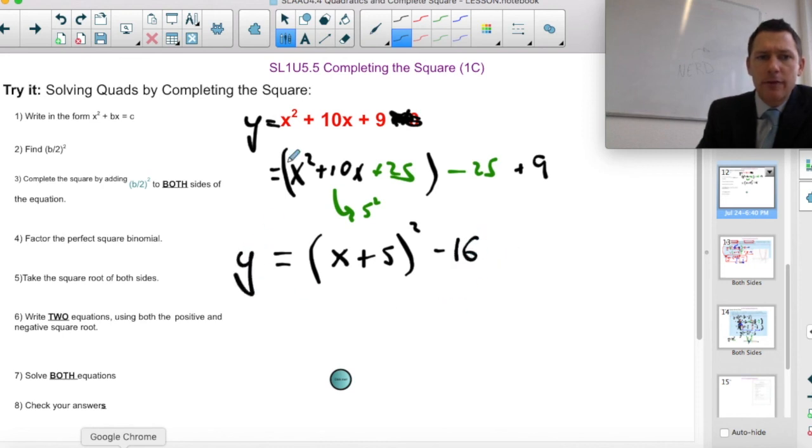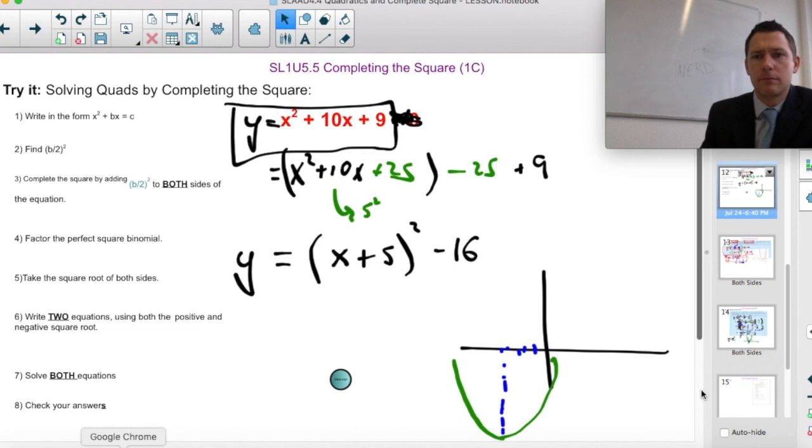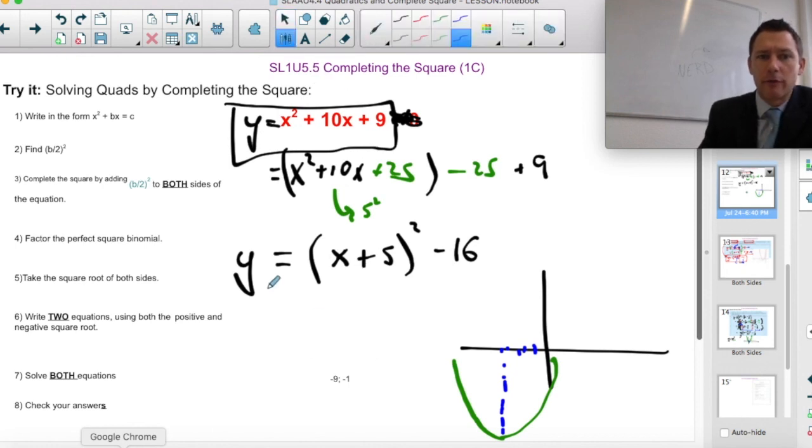And so these are equivalent expressions or equations, but this one's nice because it takes y equals x squared, which looks like that, and moves it 5 units to the left, 1, 2, 3, 4, 5, and 16 units down. Zip, zip. Easy to graph. You'd get negative 9 and negative 1 if you solve this for 0.